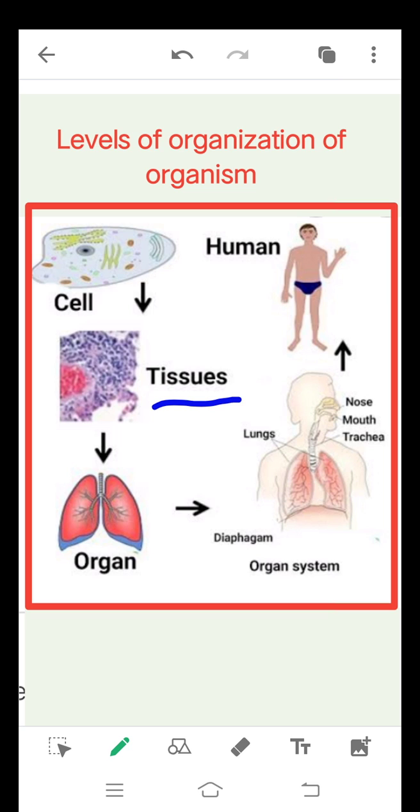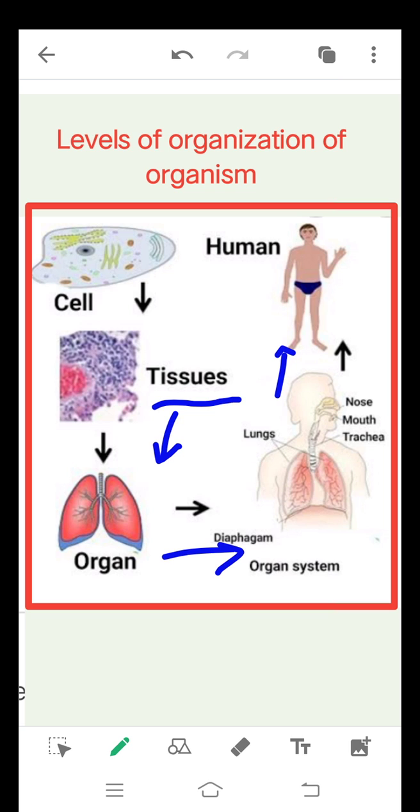Then many tissues come together to form an organ. Organs group together to form an organ system. And different organ systems combine together to form the body of an organism.